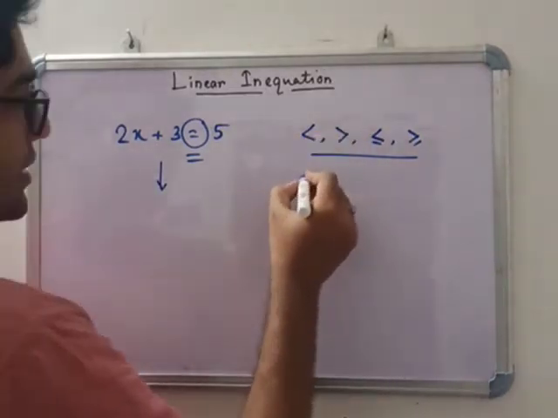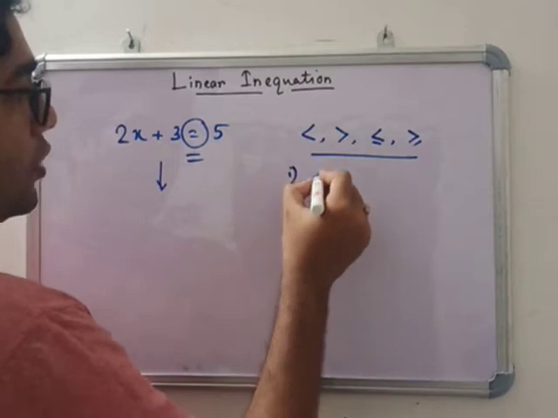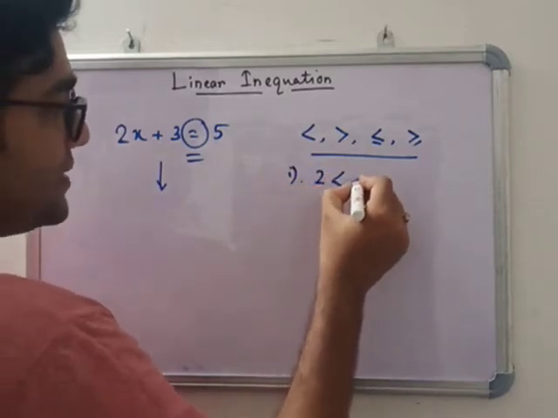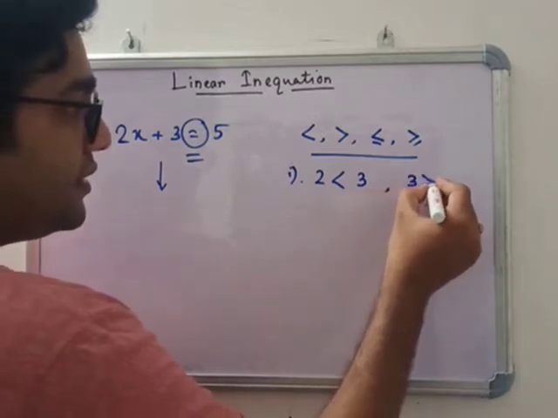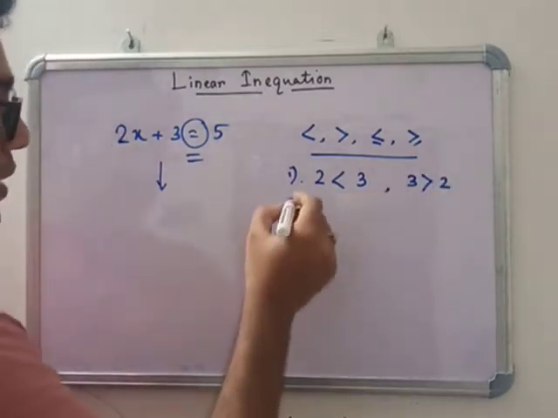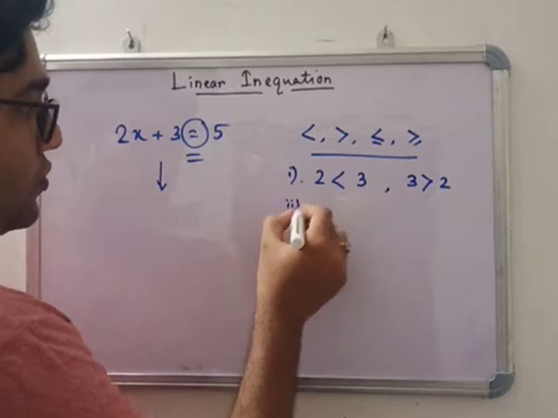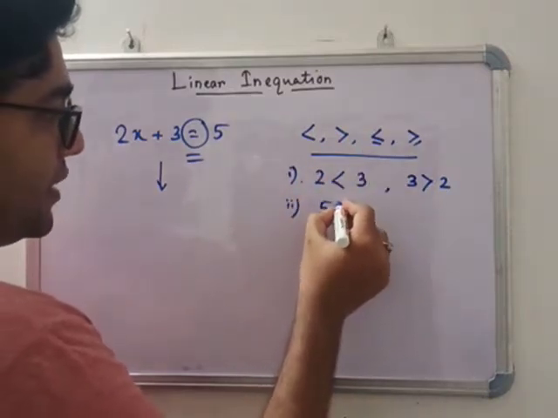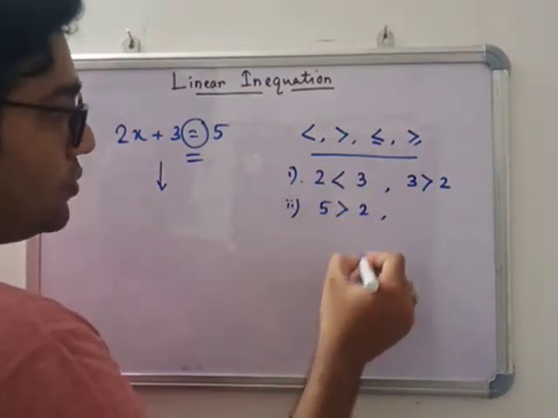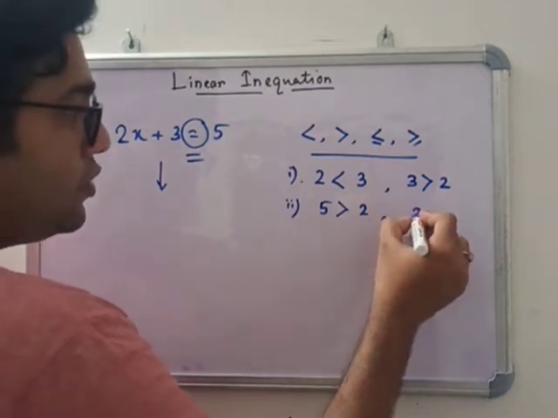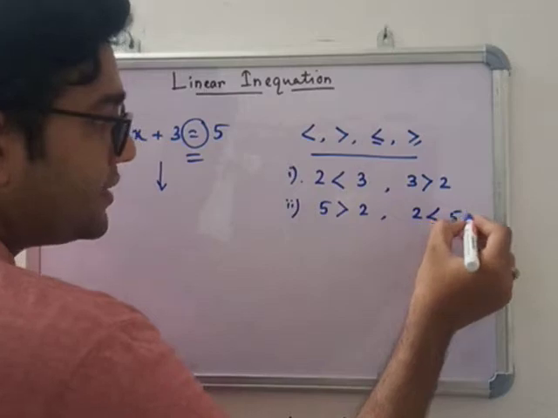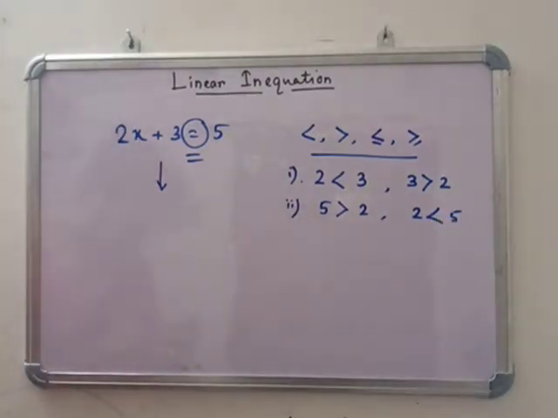For example, see that 2 is less than 3. Similarly, number 2, 5 is greater than 2. Similarly, we can write 2 is less than 5.